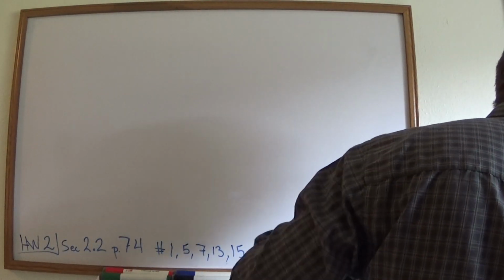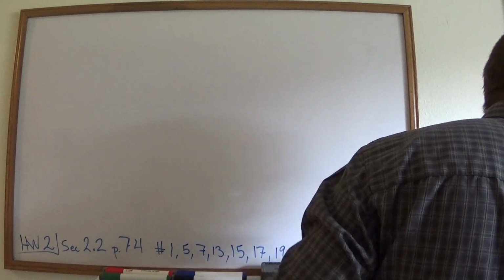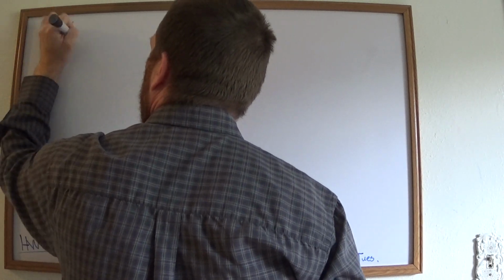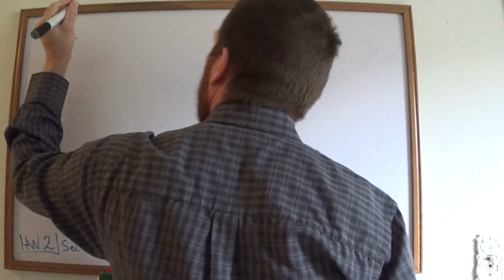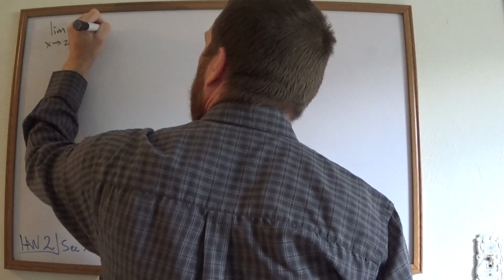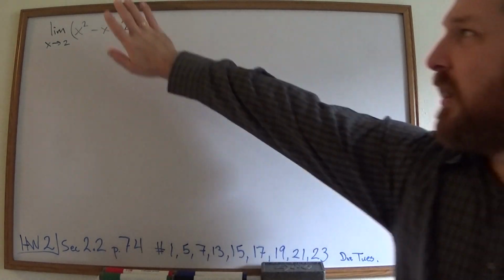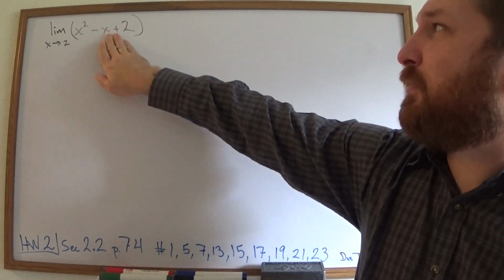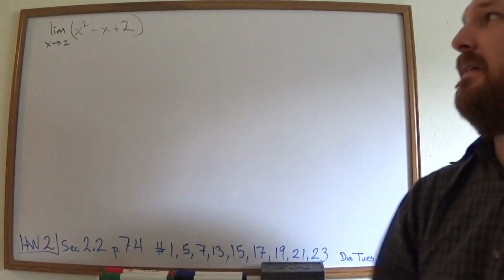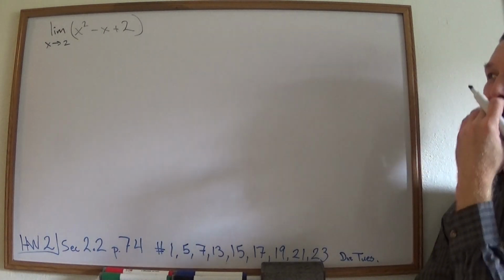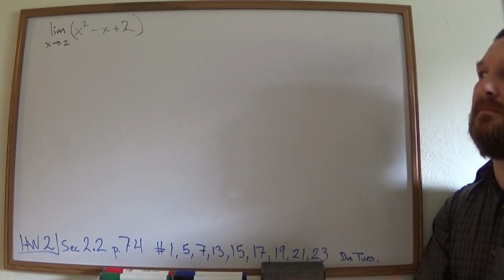First example. I'm not always going to write f, but if I do something like this, limit as x goes to 2 of x squared minus x plus 2. If I refer to f, I'm talking about this function right here. We're going to pretend that f is this guy right here. So the limit of this, now right here you could say, well, I just plug in a 2, right?